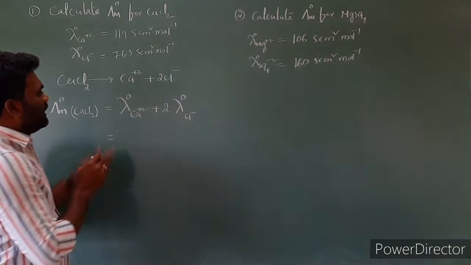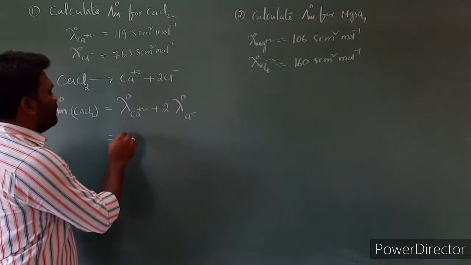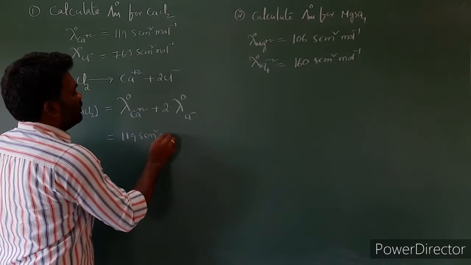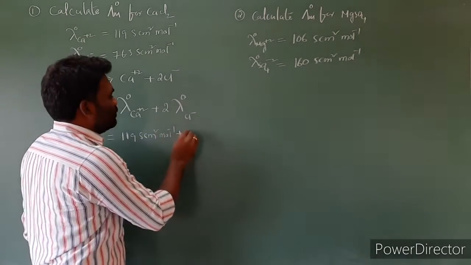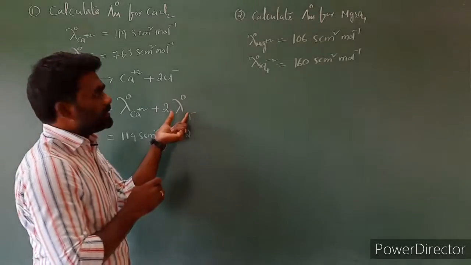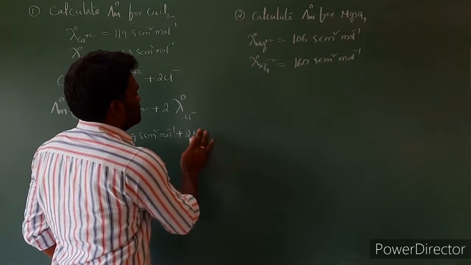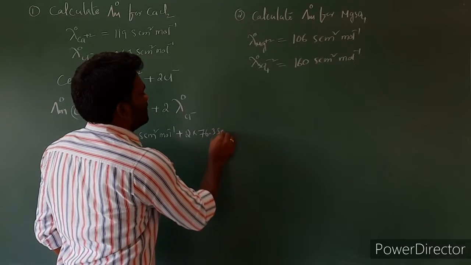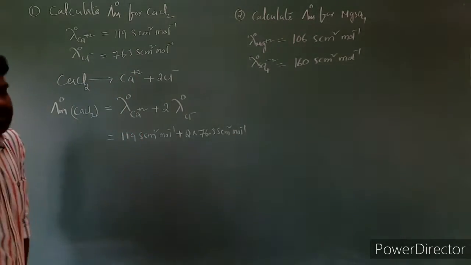Then we get lambda naught Ca plus 2, how much is given? 119 Siemens centimeter square mole inverse, plus 2 into lambda naught Cl minus, how much is given? 76.3 Siemens centimeter square mole inverse, isn't it?